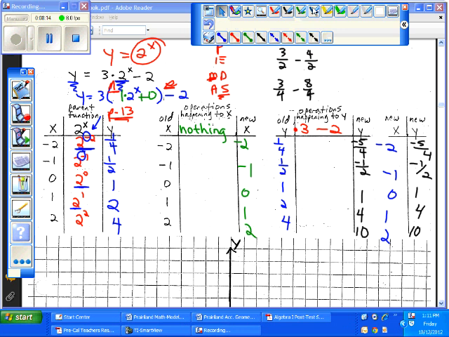And again, what we're going to do is graph the original parent function. Those 5 points changed into these 5 points, right? So we're going to graph the old one and the new one, but we're going to do it one point at a time to watch how each point moved and transformed into the new equation, okay?